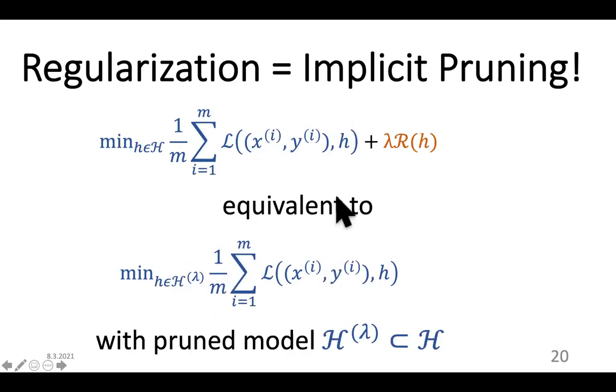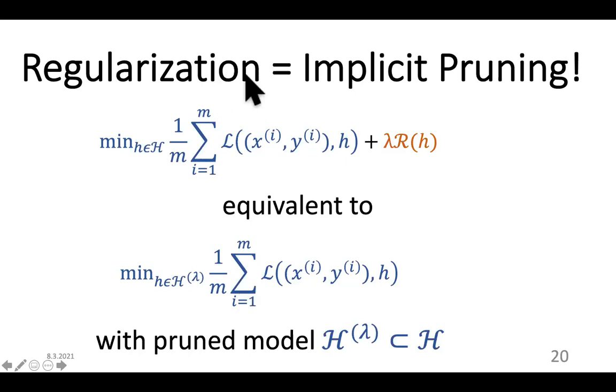This equivalence is also known as duality in optimization theory. So these two problems are dual in a specific sense. In particular, the solutions of this problem are the optimal hypothesis for the other problem. The reduced hypothesis space is directly related to the regularization term. The larger this parameter lambda, the regularization parameter, the smaller this pruned model becomes in the equivalent learning problem.